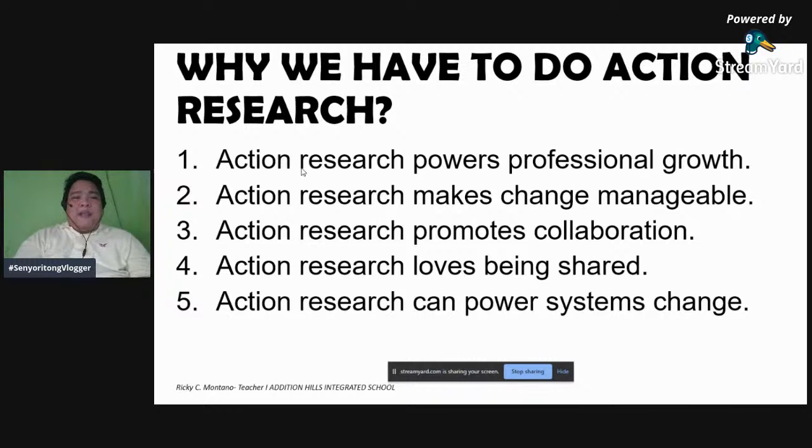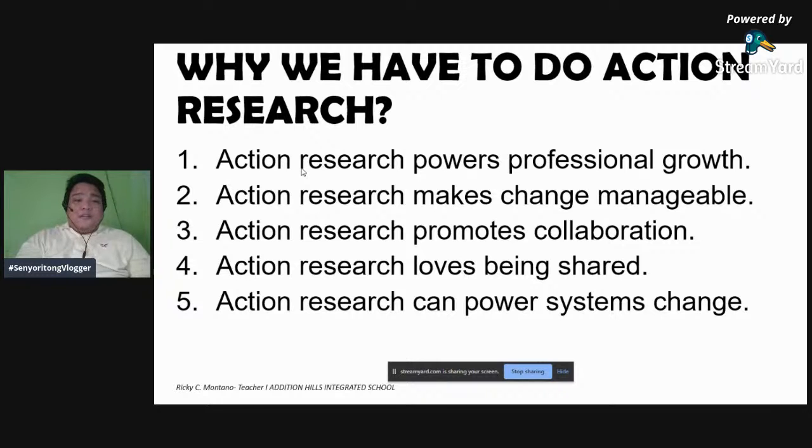You are preventing the occurrence of changes, and because of your findings on that specific problem, you do an action research for that, and you come up with a very reliable analysis and findings. So in that way, you are starting to manage the occurrence of changes in that situation.